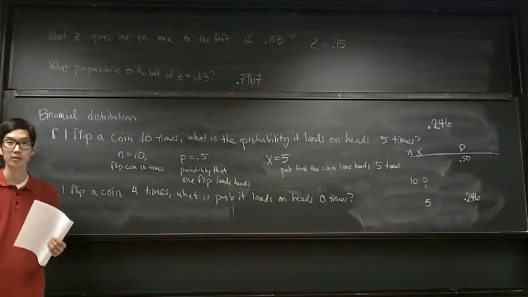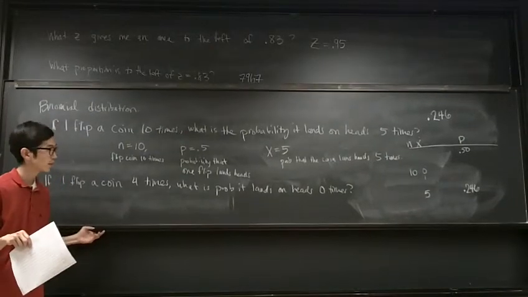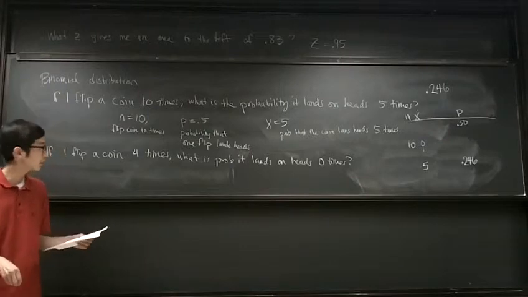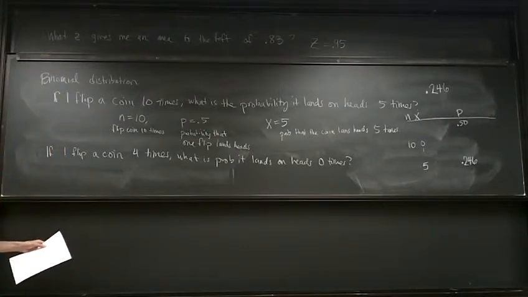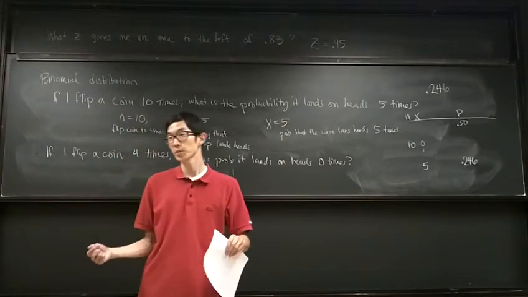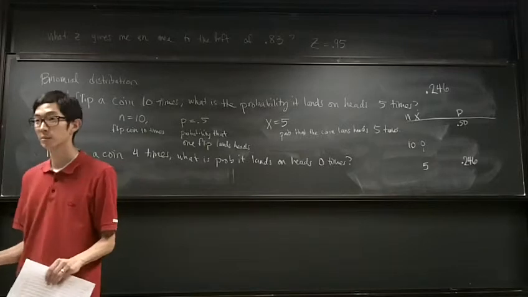Can you answer that? Using the binomial table? Yeah, okay. How did you get P for the first problem? If I flip a coin, what's the probability that it's going to land on heads? 0.5. That's one we get.